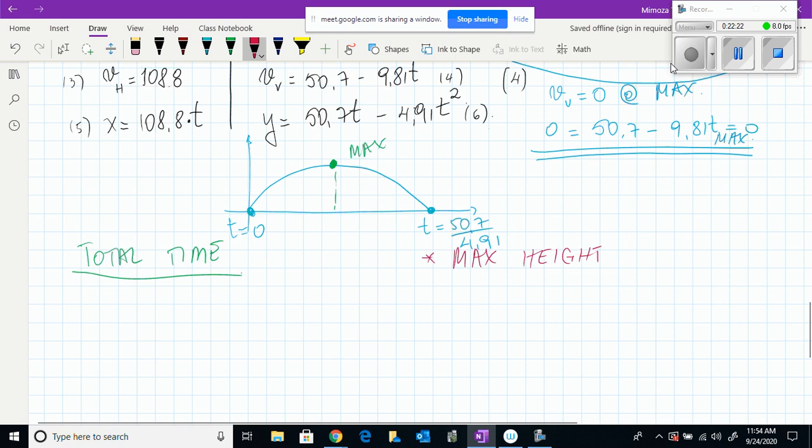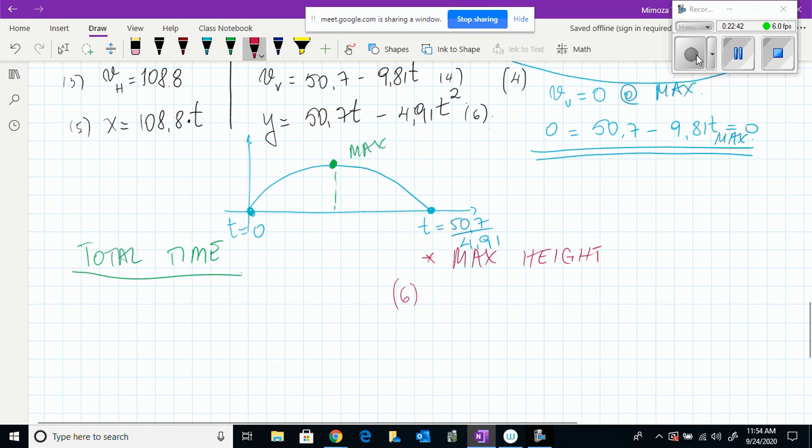When we are finding maximum height, which equation are we using? 1, 2, 3, 4, 5, or 6? Answers here. Yes, we are using equation 6.